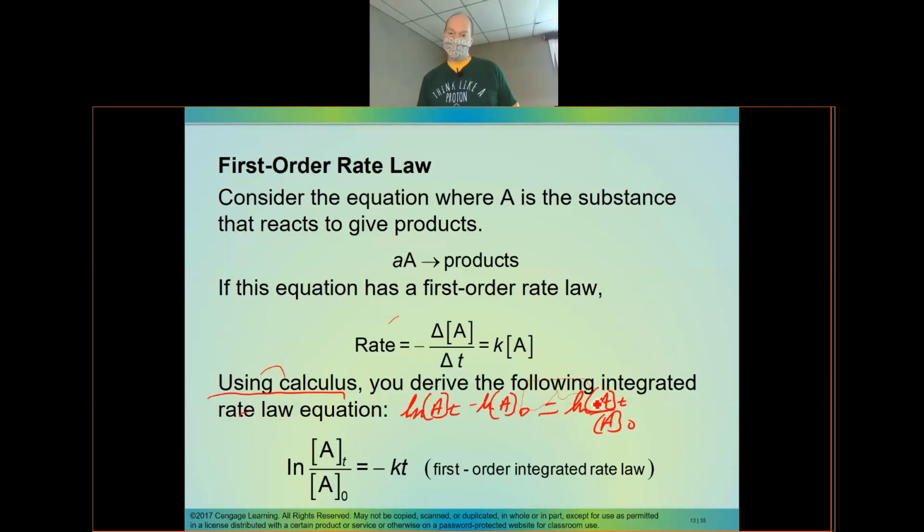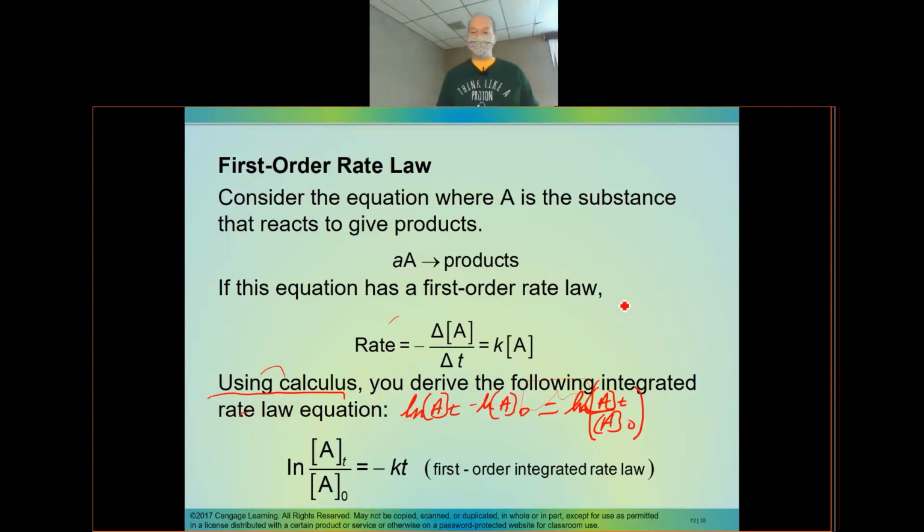And this is where parentheses would be very handy, because if you take the ln of A at time t and then divide by A initial, that's wrong. You have to get that division first, then the ln of that division.